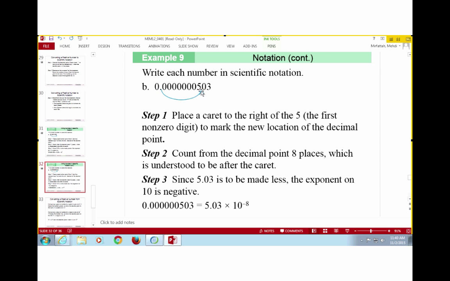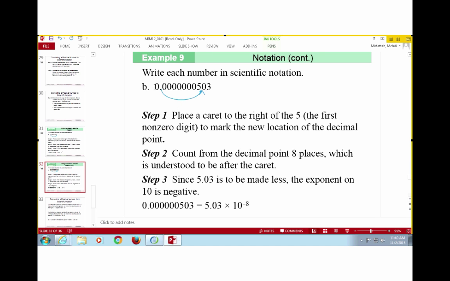So that becomes 5.03. That number is less than 10. And then see how many times you're moving this: 1, 2, 3, 4, 5, 6, 7, 8 times. I moved it 8 times to move the decimal right in front of 5. So that's why this would be equal to 10 to the power of 8.